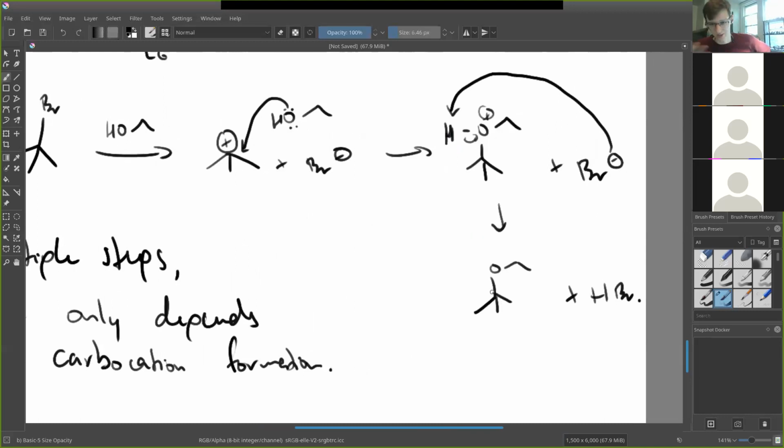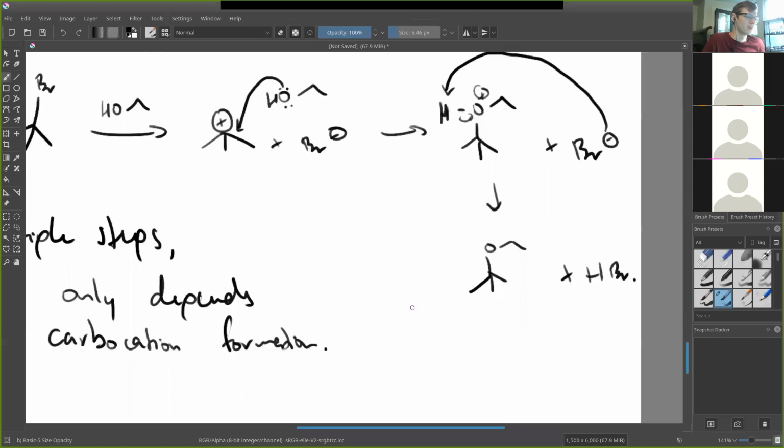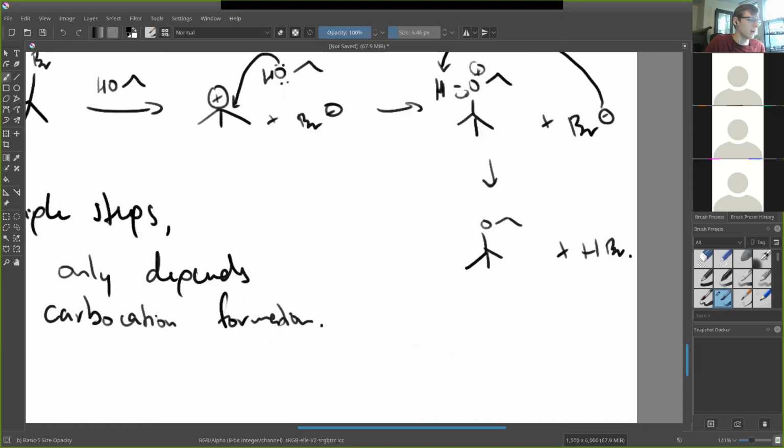This ending step is specific to the nucleophile that I used. So, for example, you could very well take this and put it in hydroiodic acid, or really what matters here is you put it with I-.